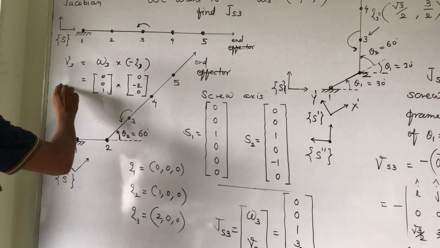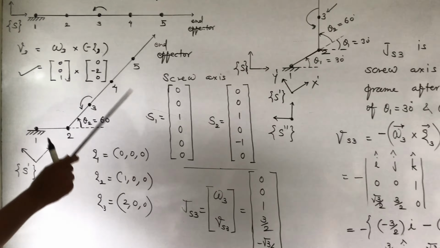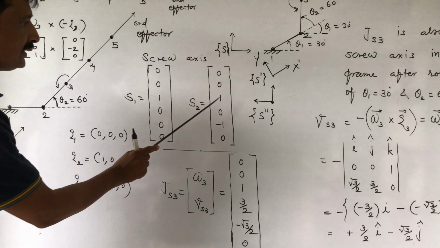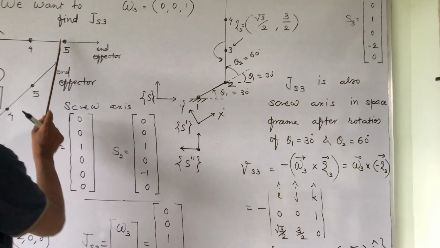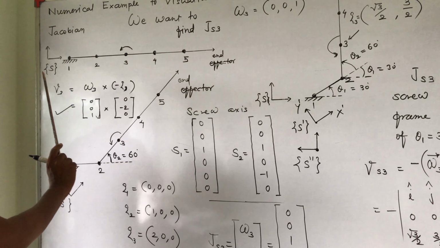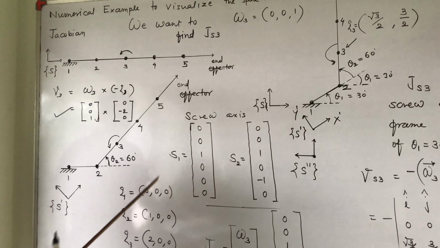So 0, minus 2, 0. This is in the home frame, the ground frame. All thetas are at 0 degrees.